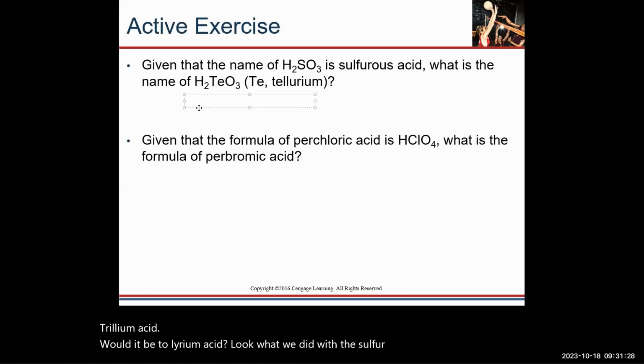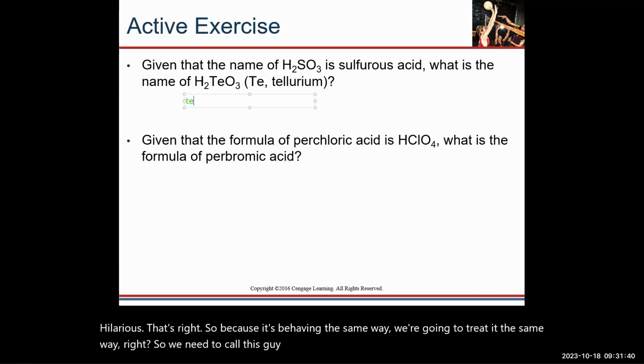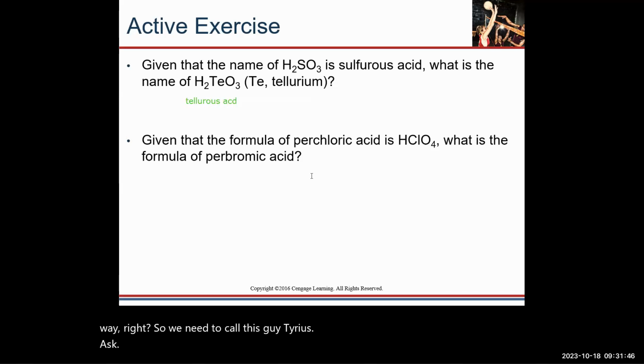Do we call that sulfur acid? Tellurous acid. Tellurous. That's right. Because it's behaving the same way, we're going to treat it the same, right? So we need to call this guy tellurous acid. Okay. Because it's under the same group, it's going to behave similarly.